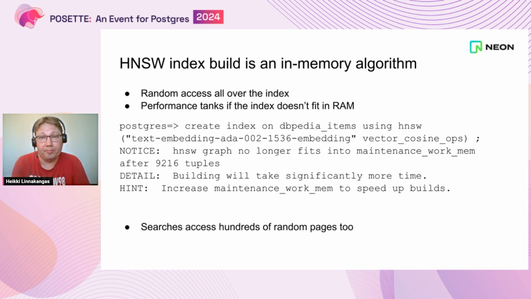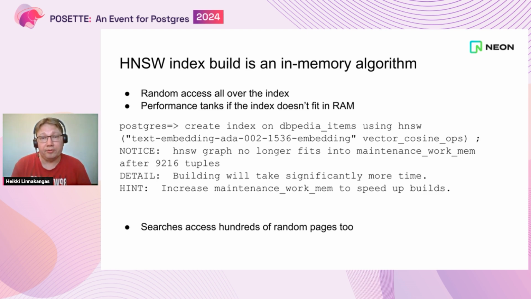And in Postgres, it had better fit in what's called maintenance_work_mem. That's an allocation you do upfront when you start to build the index. So it's very important that you tune maintenance_work_mem correctly. It has to be large enough that your index fits in that memory.